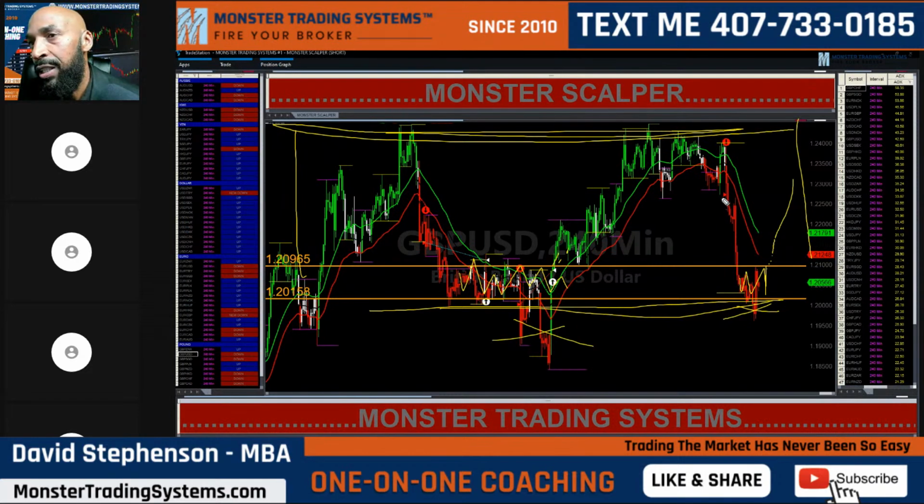You can get a white candle like here, a green candle, and they move fast. And all of a sudden, what's a great trade now? So we want to get out somewhere in this area in here.